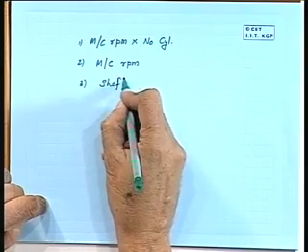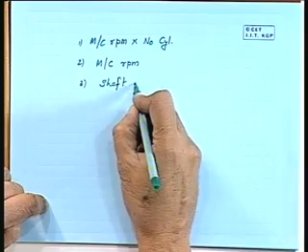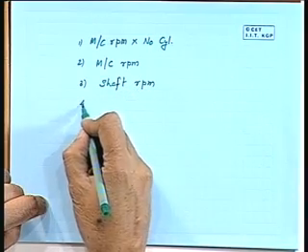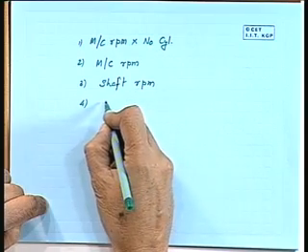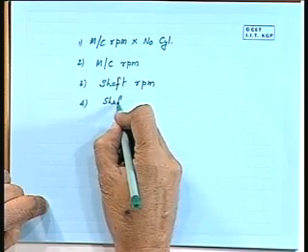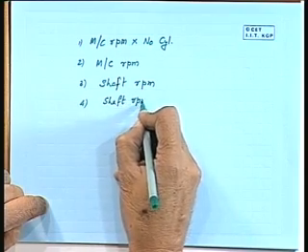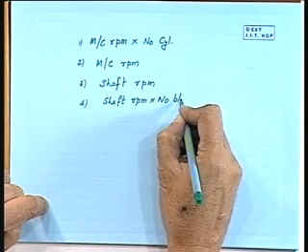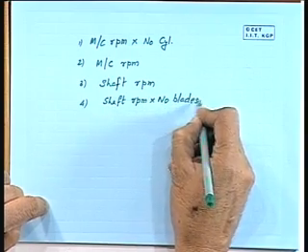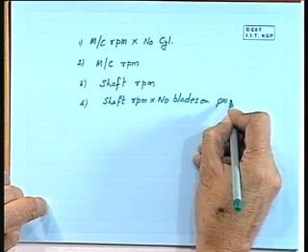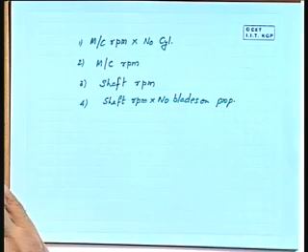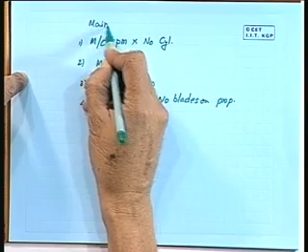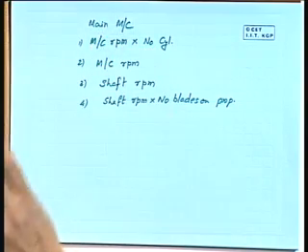It may so happen that the shaft RPM is the same as the machine RPM, it may not. Fourth one is shaft RPM multiplied by the number of blades on the propeller. So, the main machinery generates these frequencies.